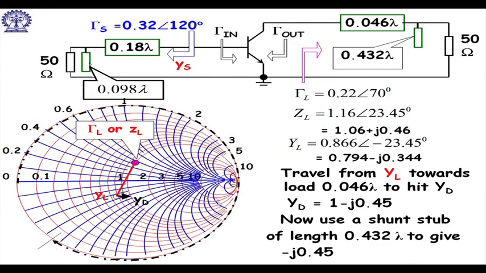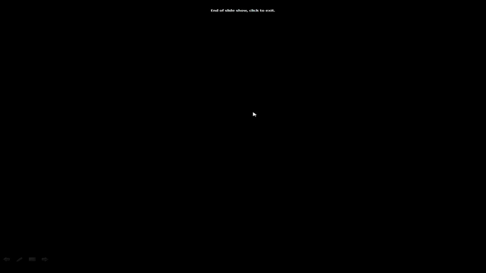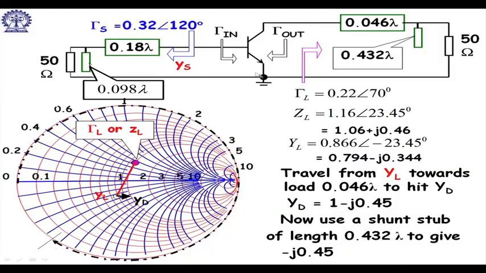Similarly for gamma L. Here I have given all the values, and by that again you can do the input matching and output matching. So, this is the final circuit. You see I have used a transmission line, then a stub of this much length, then here also a transmission line and stub of this length.